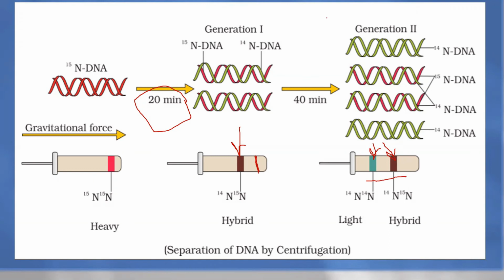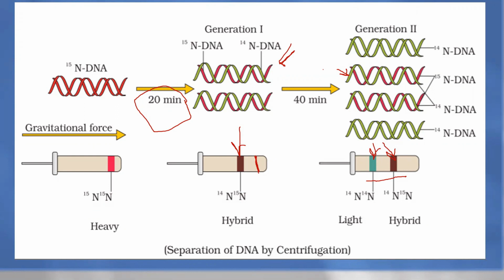Like in this case again, you can see here that these two strands get separated. And so one strand is the older one and the other one is the new one. In this case, both the strands were of N14 type. So they are having a different density.